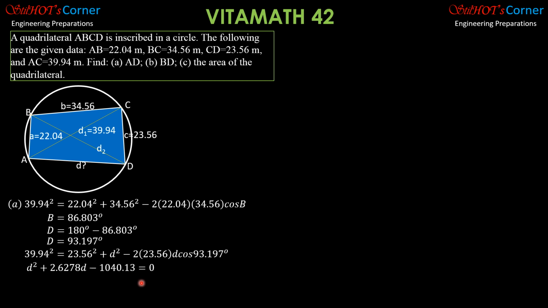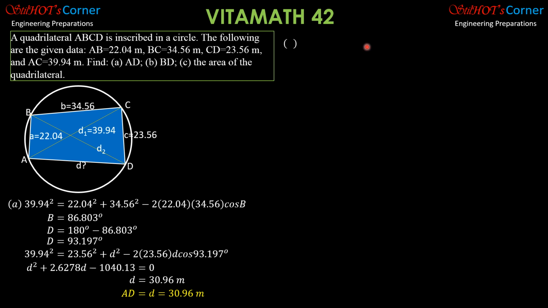Then using your calculator, solving for D, there are two roots. The other root is negative, so we drop the negative value. We only consider the positive value, and D is equal to 30.96 meters. Therefore, that is side AD, and AD equals D equals 30.96 meters.